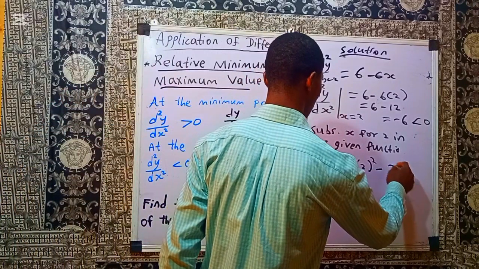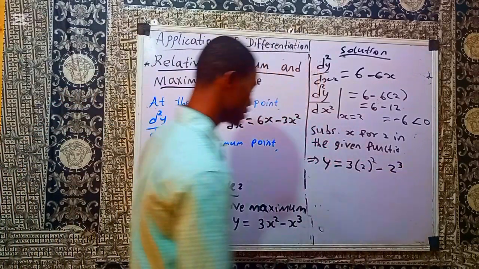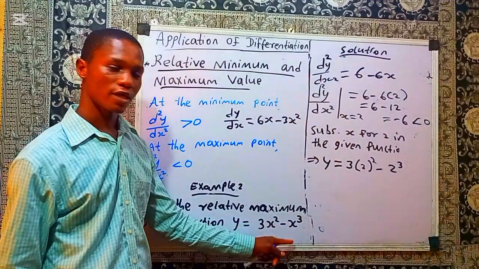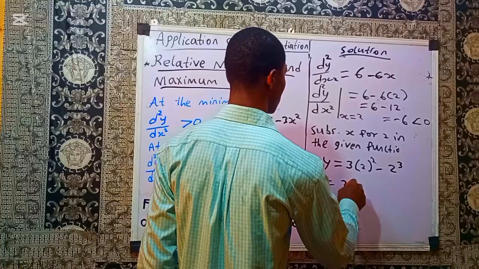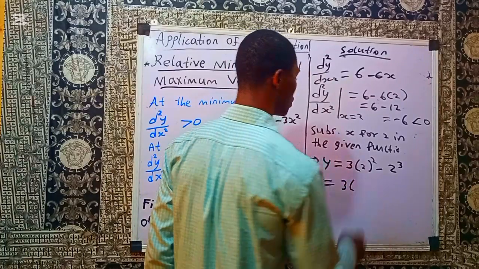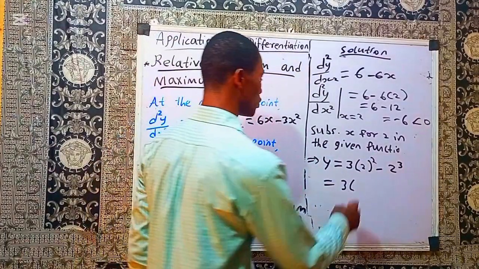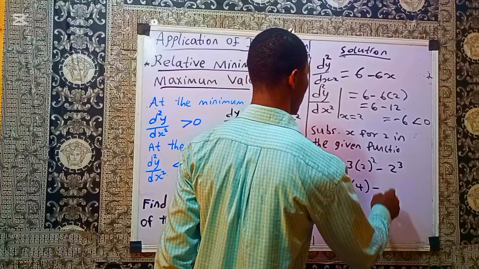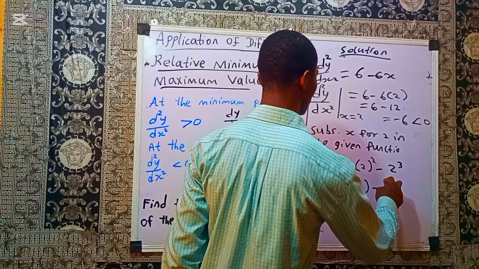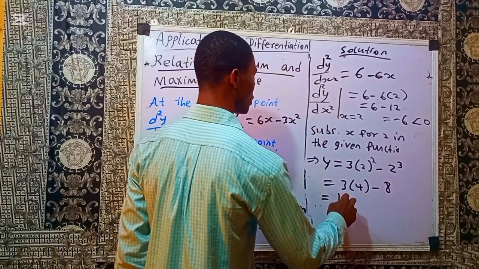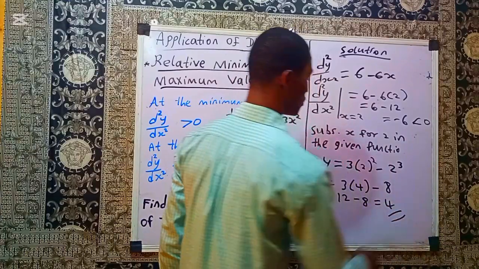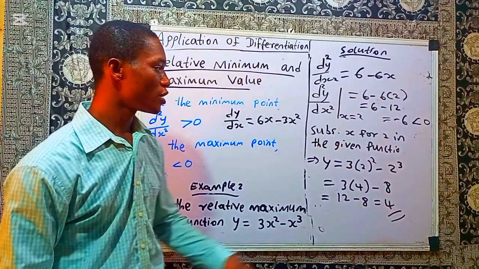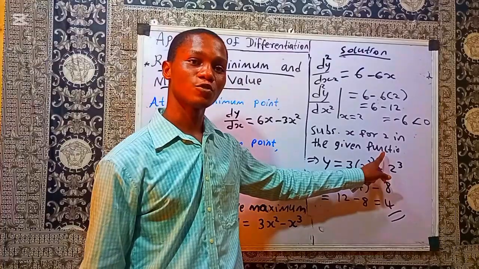Minus 2 raised to power 3. I substituted x for what? 2 here. So this will be equal to 3 into 2 raised to power 2, which is what? 4. Minus 2 raised to power 3, which is what? 8. So this will be 12 minus 8, which is what? 4.